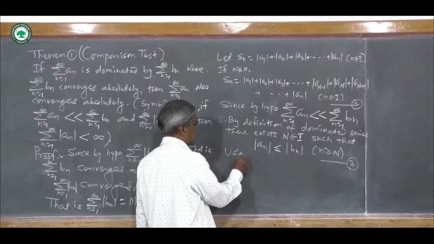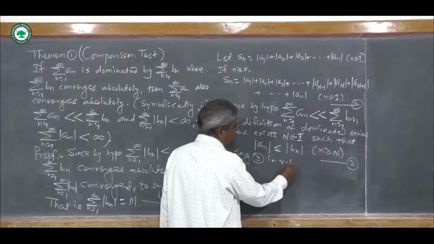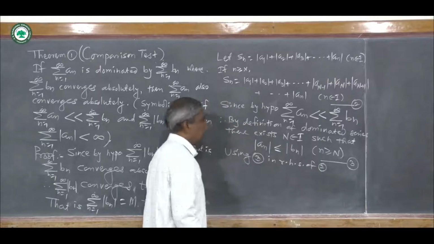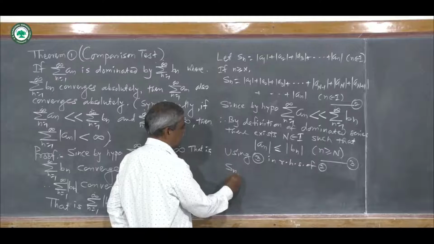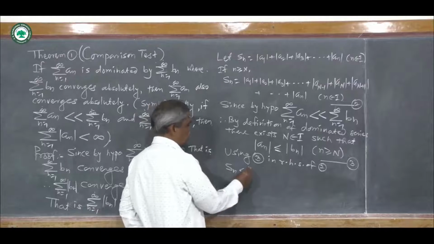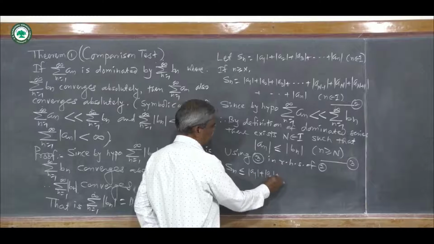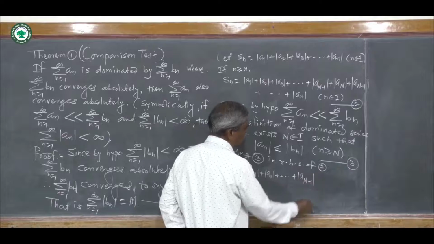we obtain Sn is less than or equal to mod A1 plus mod A2 plus and so on plus mod of A suffix capital N minus 1.